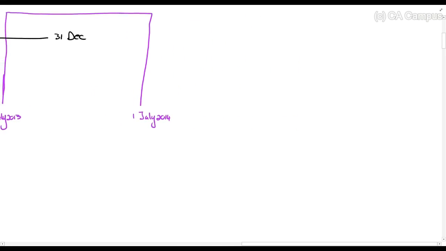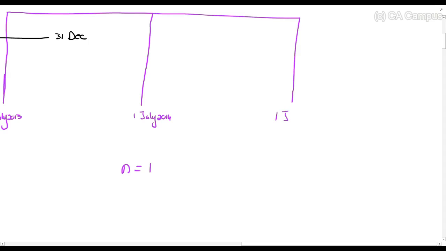So let's call this N1, that's period 1. Our next one will happen on the 1st of July 2015, so just the day before it. That's N2. And then the 1st of July 2016, N equals 3.